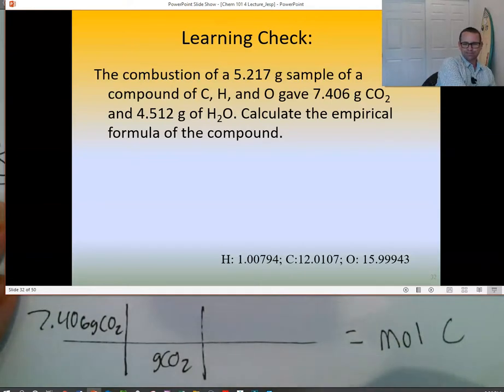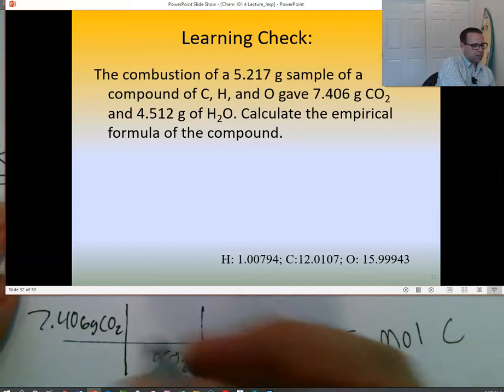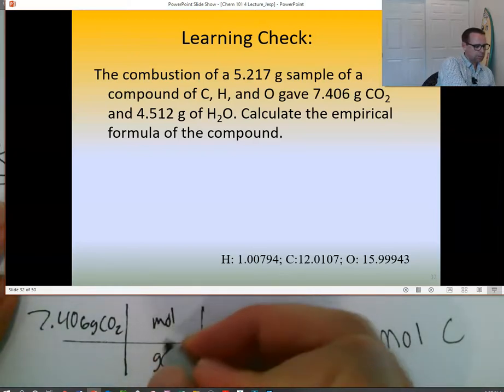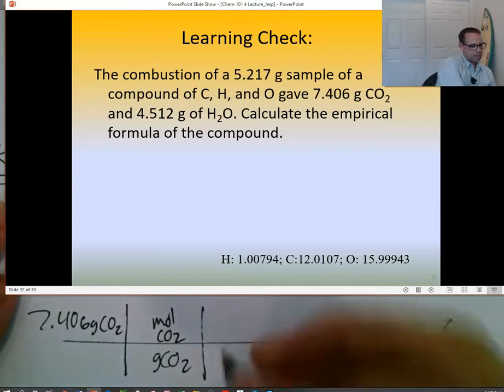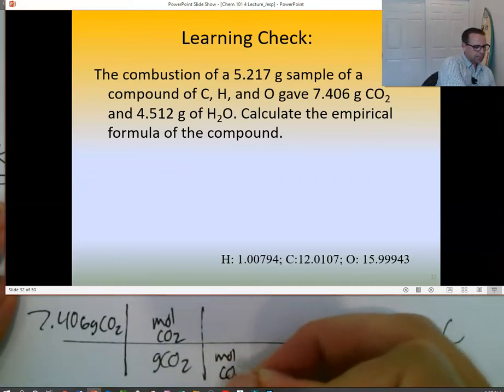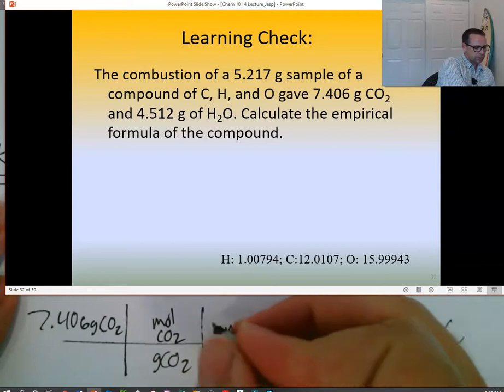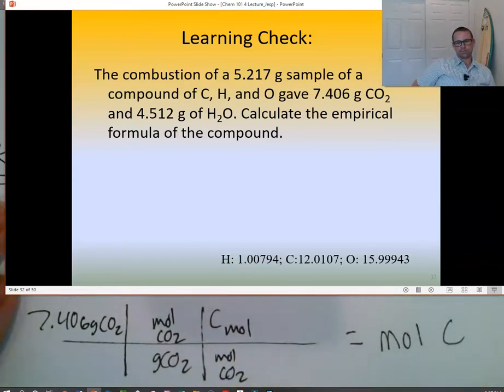Any ideas? To carbon? Almost. I'm going to go to moles of carbon dioxide. And then from moles of carbon dioxide, I go to moles of carbon. Right? And that's what I want to have. I want to know how many moles of carbon are from my 7.406 grams of carbon dioxide.